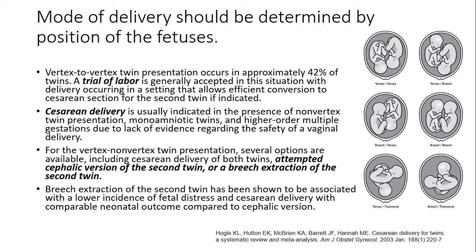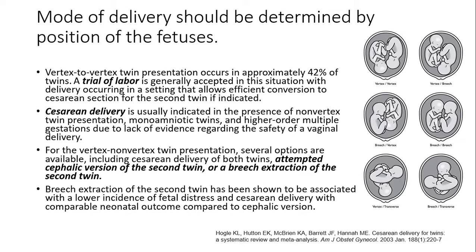So if it is vertex to vertex twins presentation, a trial of labor is generally accepted in this situation. Caesarean delivery is usually indicated in the presence of non-vertex twin presentation, monoamniotic twins, when there is one amnion, and higher order multiple gestations, triplets, quadruplets.